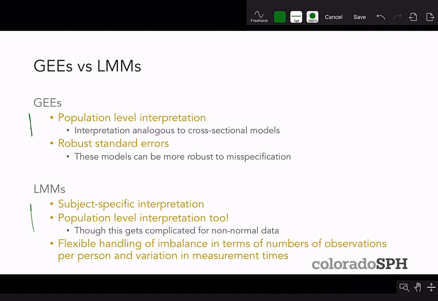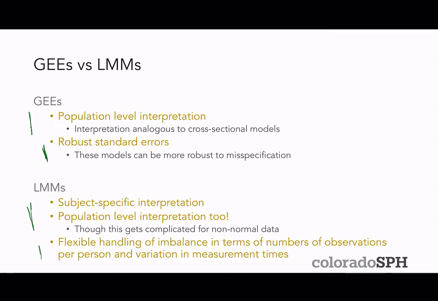And these are also nice because they have robust standard errors, meaning that even if you're not really sure what your correlation structure is and you misspecify it, your results are usually still pretty good. On the other hand, linear mixed models have a subject-specific interpretation, as well as a population-level interpretation, at least when we're talking about normally distributed continuous data. And they're also nice because they have a flexible handling of imbalance in terms of the number of observations per person and variation in measurement times.